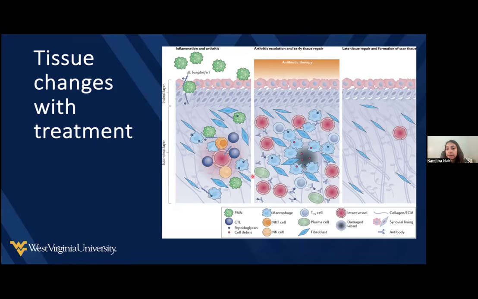When you start giving them the antibiotic, there's more tissue repair. So you're seeing more blood vessels, more vascularization, more fibroblasts and macrophages coming into the picture to try and get the spirochete out. And then once there is late repair, you will notice more fibroblasts and a lot of collagen formation. So that's like the scar tissue formation.